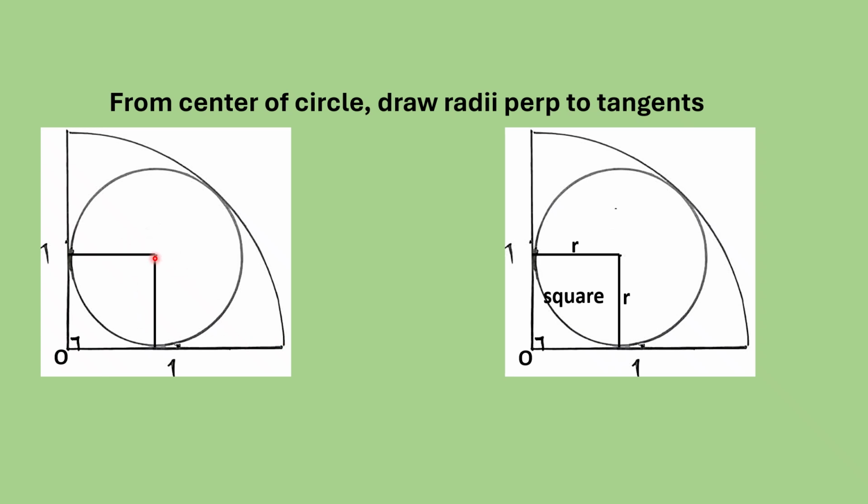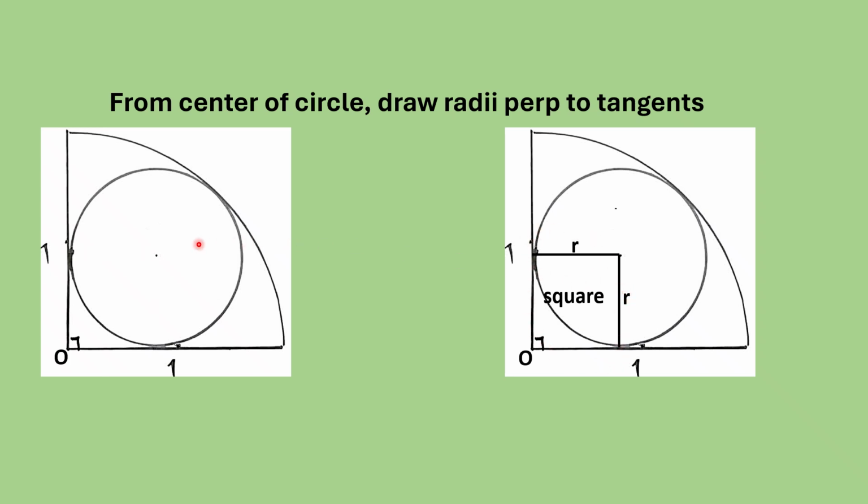So from the center of the circle, draw the two radii perpendicular to the tangent, and because radius is always perpendicular to the tangent, you will get a square, right? Each of them is a radius r and all these are perpendicular, 90 degrees. So what you are getting is a square of side r.